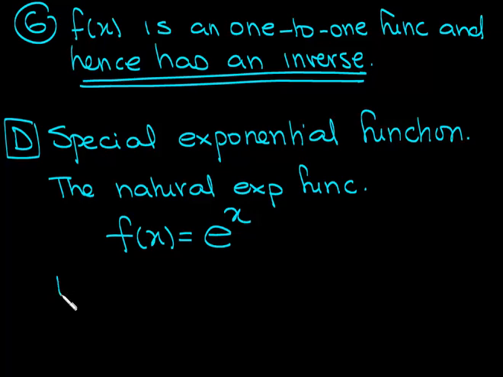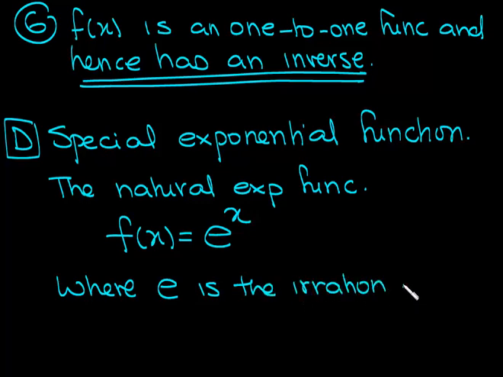So what is e? Where e is an irrational number. Irrational means a number that cannot be written as a fraction. It's the opposite of a rational number. Rational numbers can be written as a fraction. Irrational is a number that cannot be written as a fraction.